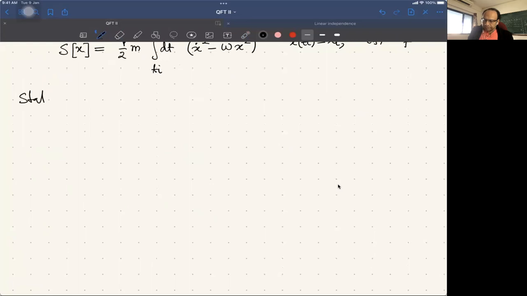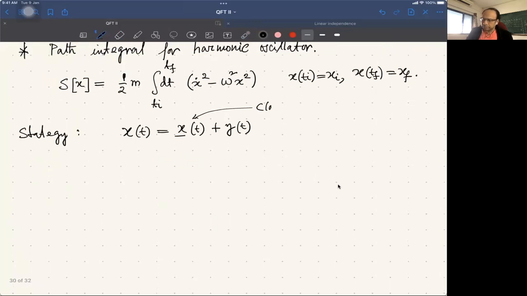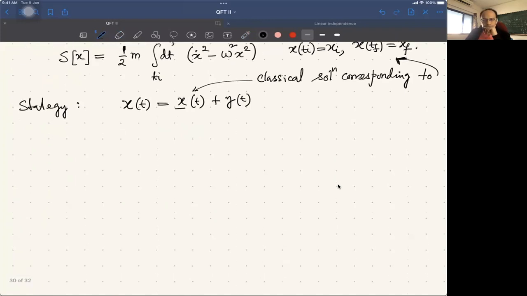The strategy is to write x of t as x lower bar of t plus y of t, where x lower bar is the classical solution corresponding to these initial and final conditions, which means that x lower bar ti is equal to xi and x lower bar tf is equal to xf.